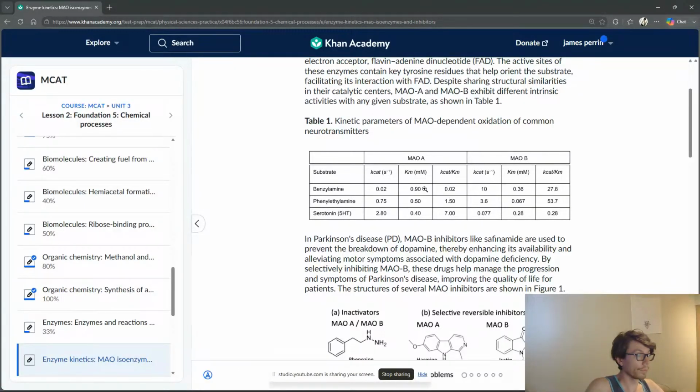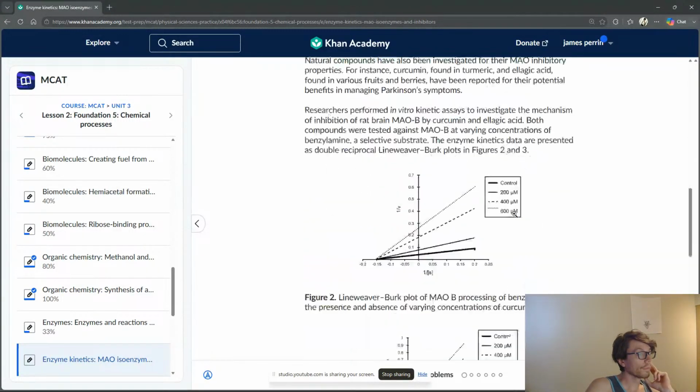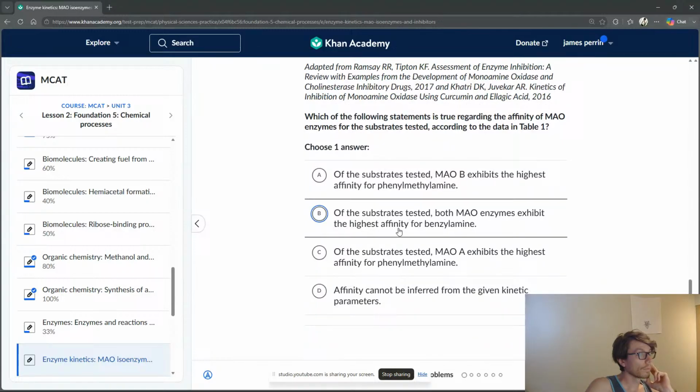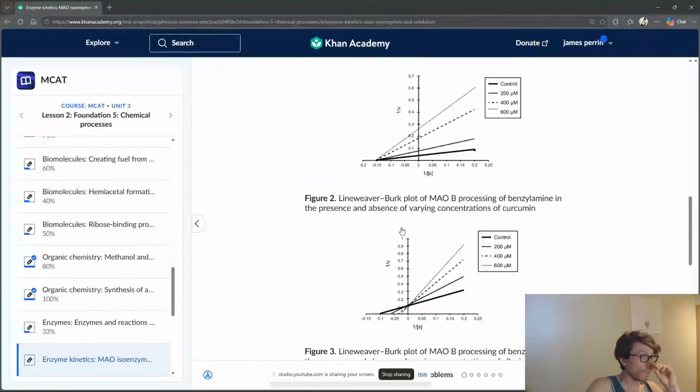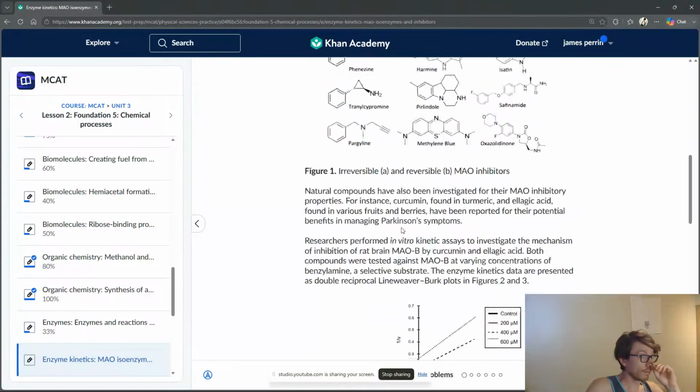Okay. That's going to be large. Serotonin 5-HT would be very small. Okay. Phenylethylamine.